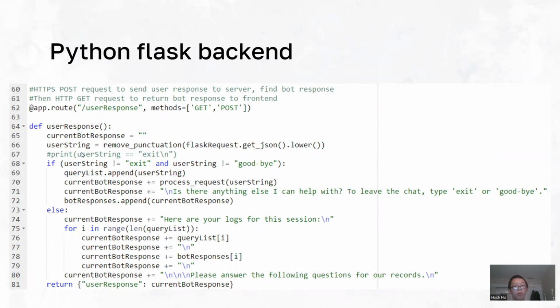And then if the user string is not exit, then it'll get appended to the query list. And then we also append the bot responses as well to a list. And otherwise, if there is an exit, then the query list is added to the bot response, and bot responses are added to form a log. So it's assembled in this way. And then at the end, we return a JSON object with this bot response.